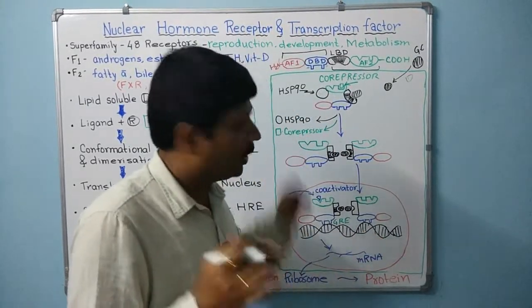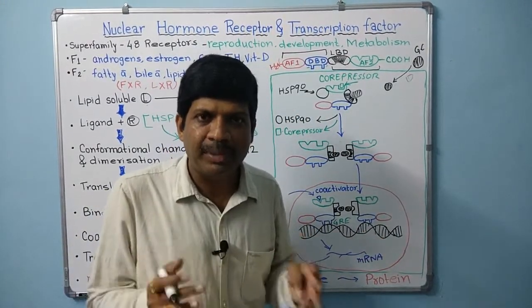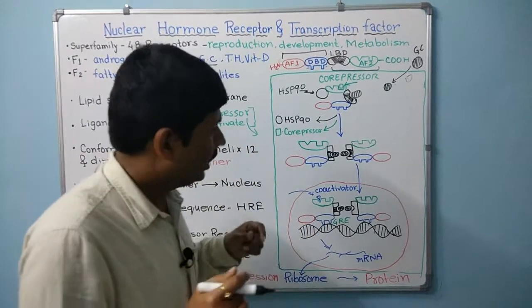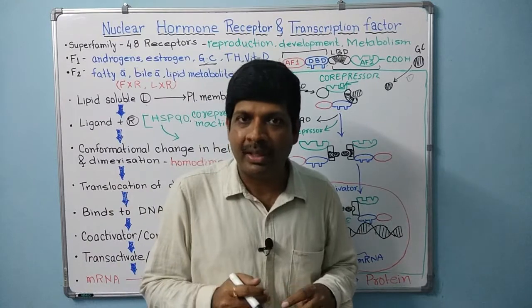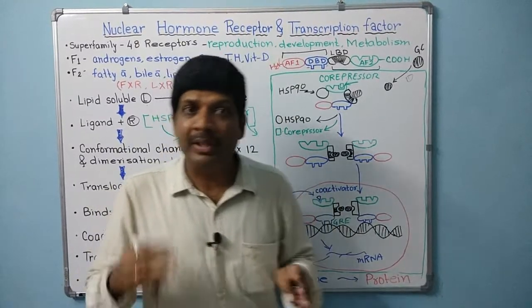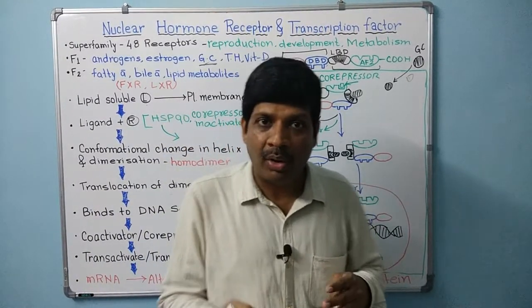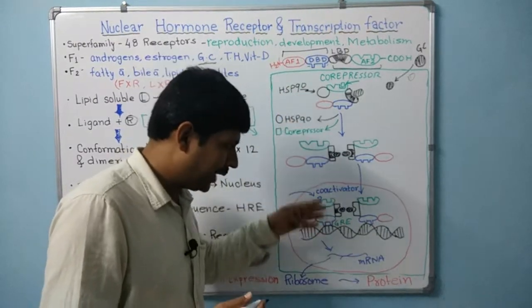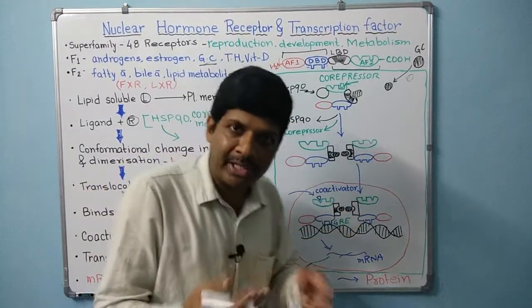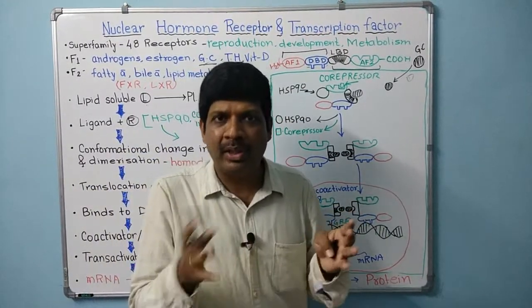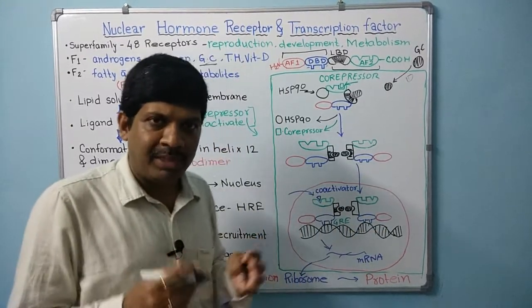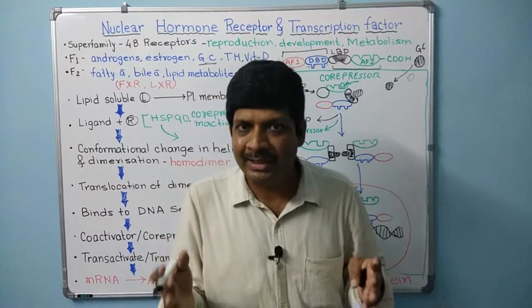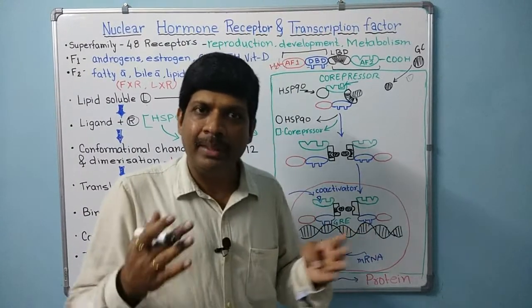What is the therapeutic significance of this? The therapeutic significance is that if you give a drug which acts on the nuclear receptor, then the effect will not be given immediately, because it takes some time to form the new protein, and a lag period of half an hour or 1 hour is there. For example, if you give glucocorticoid in asthma, then there won't be an immediate effect.